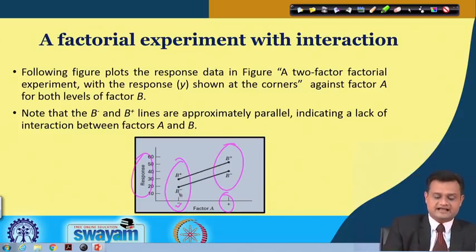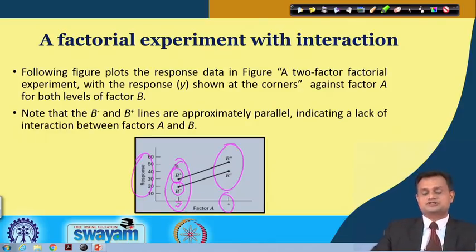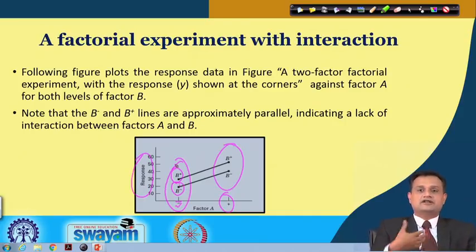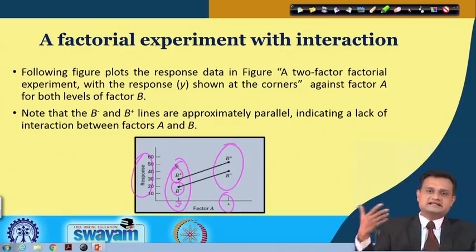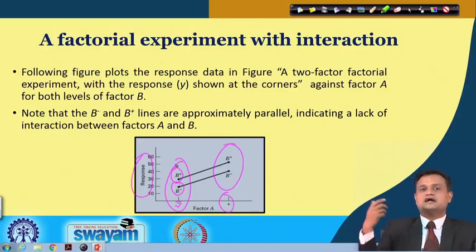So what is the response I am getting when I set factor A at low level, and I have factor B at minus, same way this thing. So the B minus and B plus lines are approximately parallel, indicating lack of interaction between A and B. So I am just trying to discuss another case: when you plot it and you find these two lines parallel, it is an indication that interaction is not significantly present, and it is a lack of interaction situation.